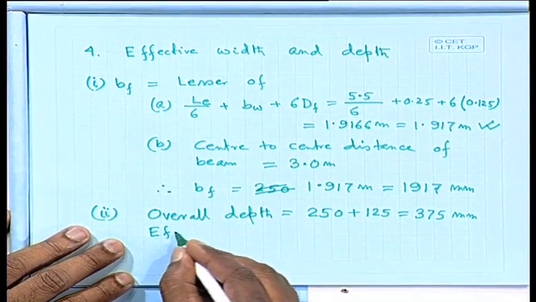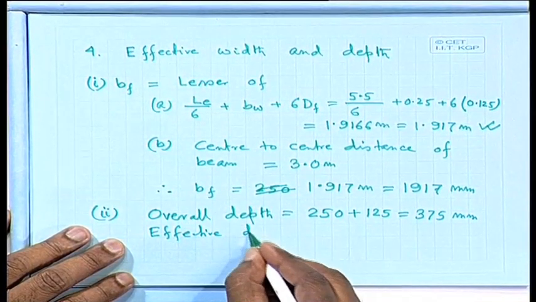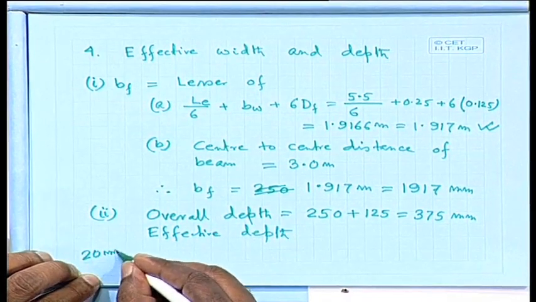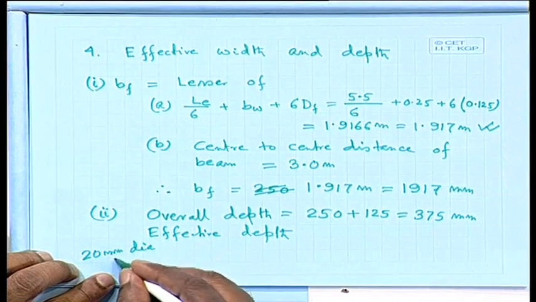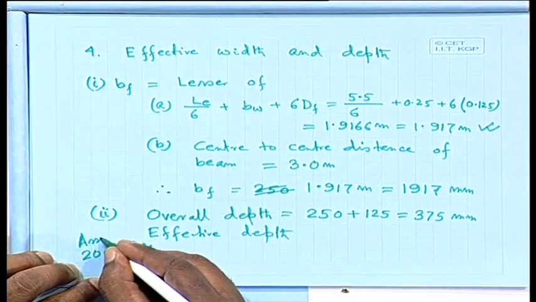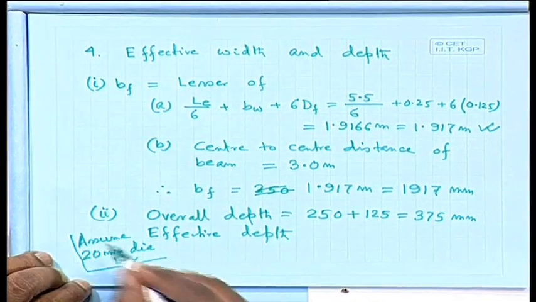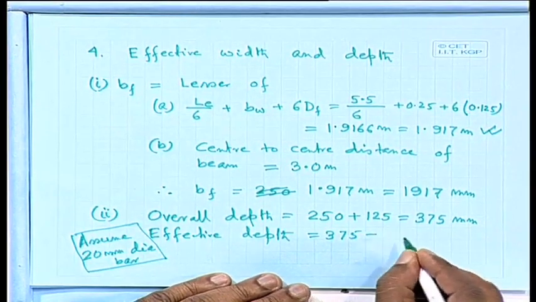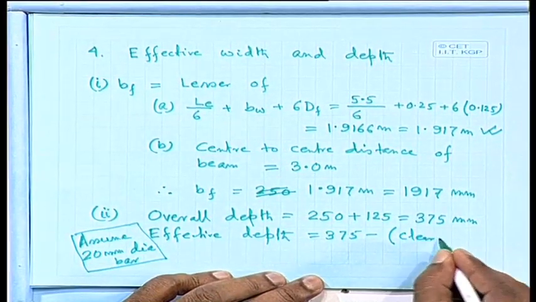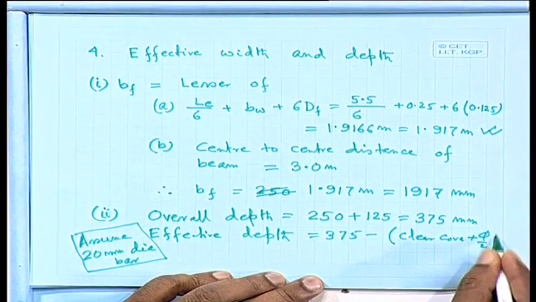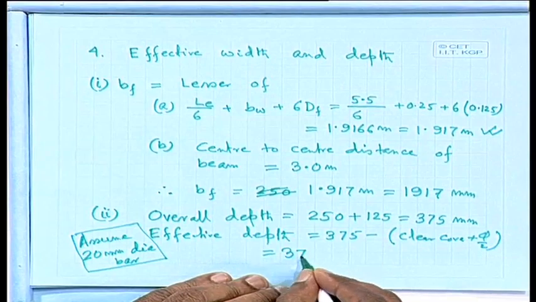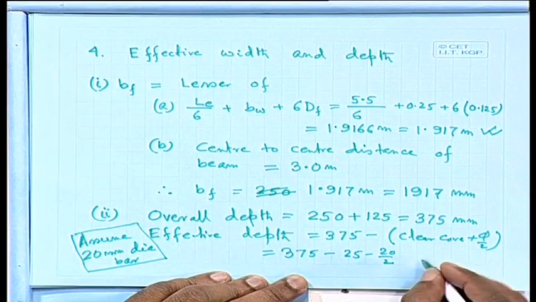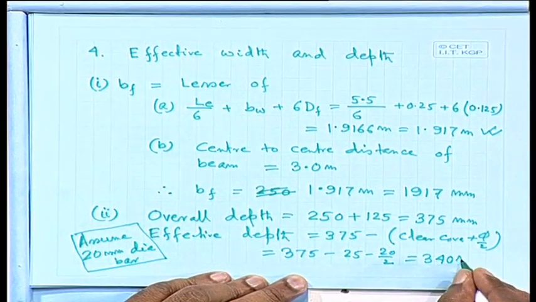Effective depth: if we assume that we shall provide a 20 mm dia bar, then effective depth equals 375 minus clear cover 25 minus 20 by 2, which equals 340 millimeter.